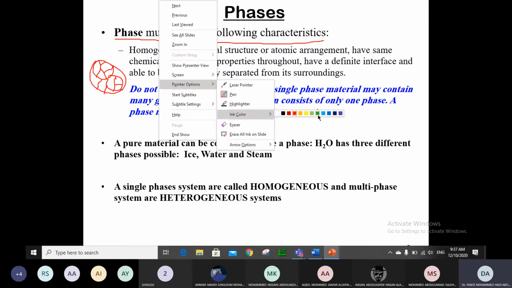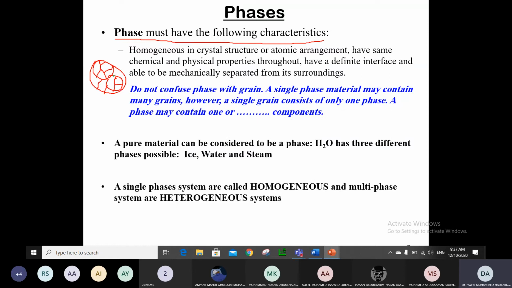Let's say this is another phase. The material itself has a phase. This is one phase, and it has different grains. This is a grain. This is a grain. These are all grains. This is one phase. This is another phase. This phase also has different grains in it.